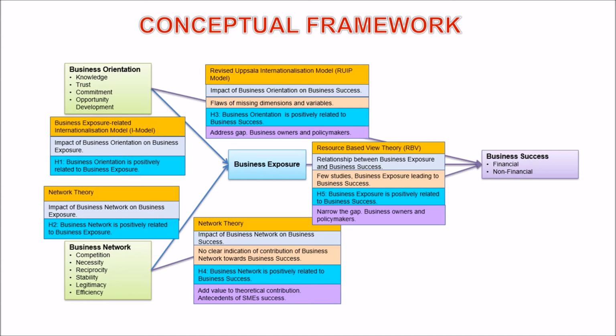The next question arises: if it is null or alternative, which one do we use? Yes, we use the alternative hypothesis. That's why we usually put HA or H1. Since we have multiple hypotheses, instead of putting HA, we put H1, H2, H3, H4 like this. Now, we are saying alternative hypothesis means there is a relationship. Whether it is positive or negative, how can we state that? Very good question.